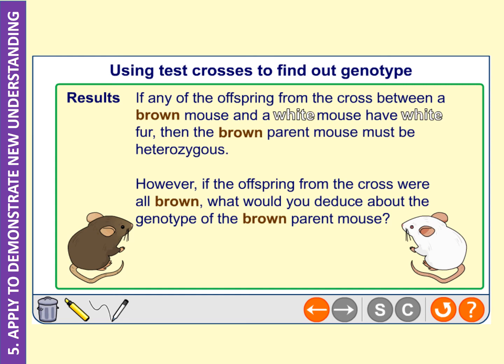Well, in outcome 1, all of the mice are going to have brown fur. They all have 1 copy of that big B allele. In outcome 2, however, 50% are going to have 1 copy of that brown allele, but the other 50% have inherited the white allele from both parents.